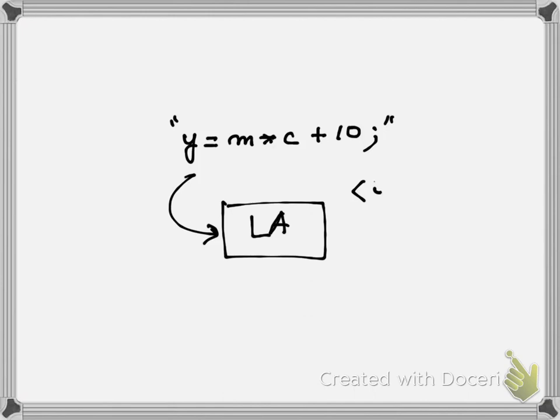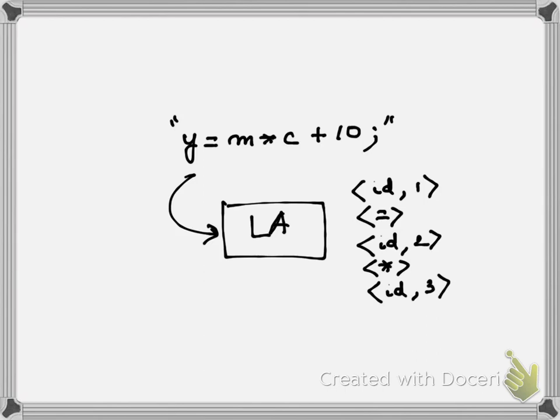Let's say ID 1. I'll just explain how I'm getting this. Then say ID 3, then plus, then 10, and finally semicolon.